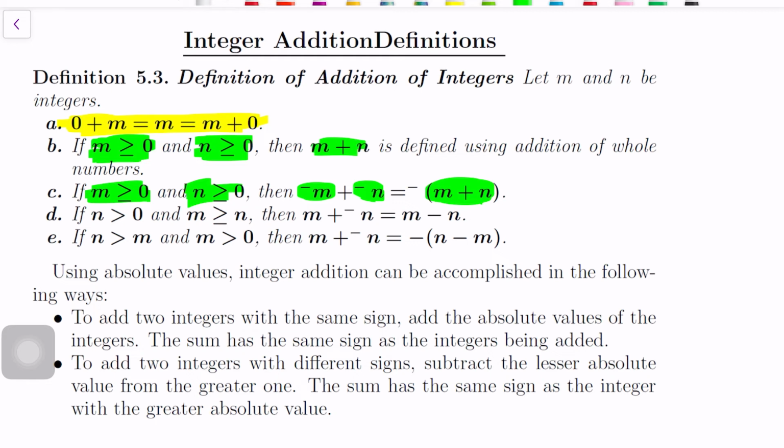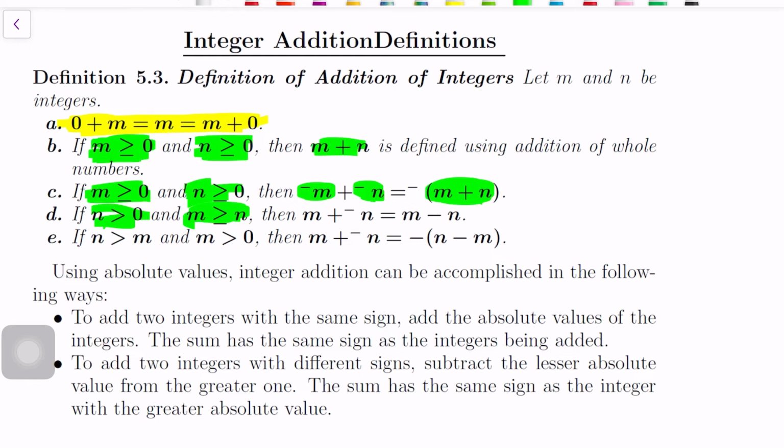And if you're adding a positive number n and a negative number minus m, where m is bigger or equal to n, then you really can write it as a subtraction, m minus n, and since m is bigger or equal to n, you're back at whole number subtraction, and similarly the other way around.